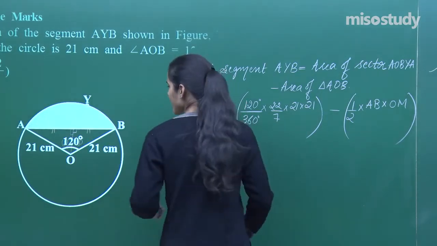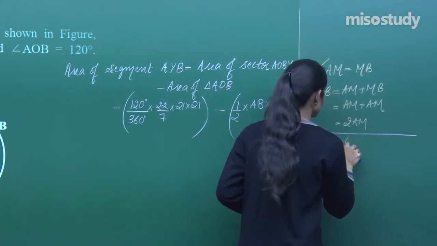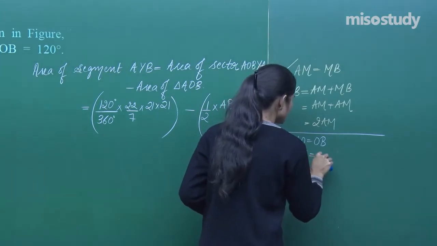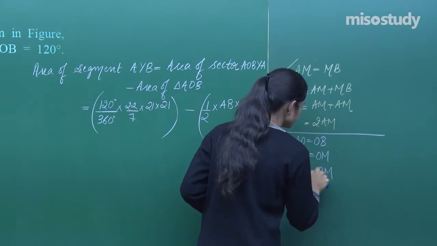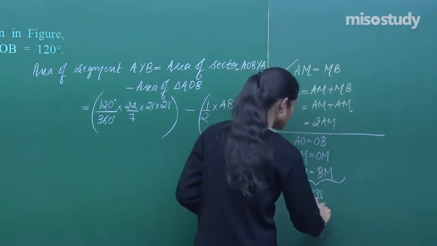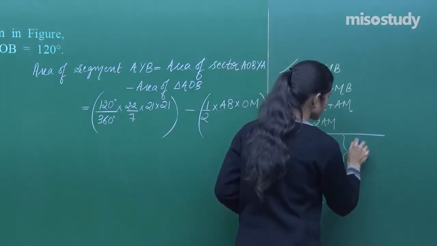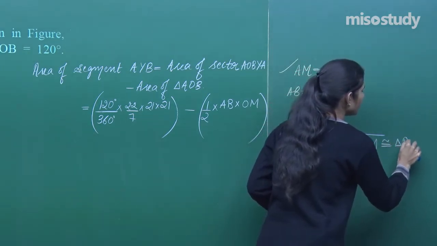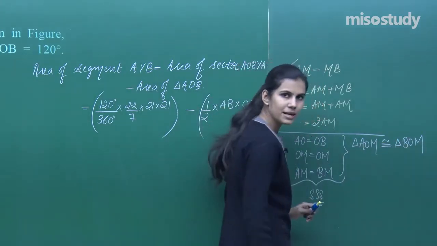Have you understood this? I said AO is equal to OB, then OM is equal to OM, and then AM is equal to BM. So by SSS congruence condition, triangle AOM is congruent to triangle BOM. This means their corresponding parts are equal.